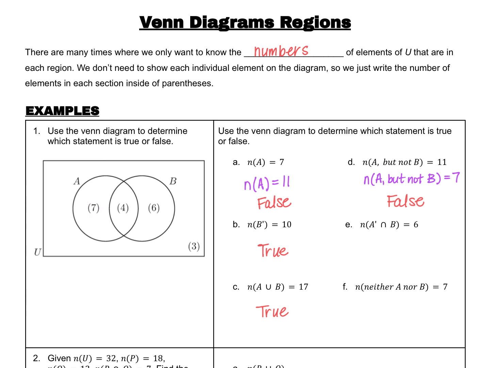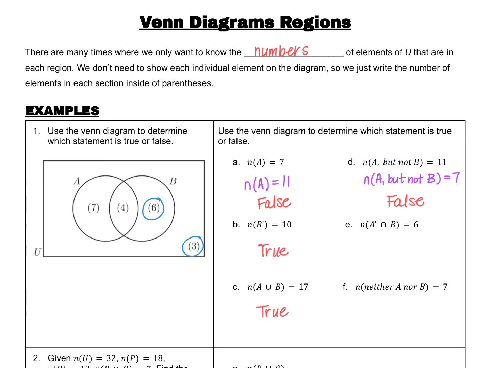All right. If we look at E, it says the number of elements that are in the intersection of not A and B. The number of elements that are not in A are going to be 6 and 3.